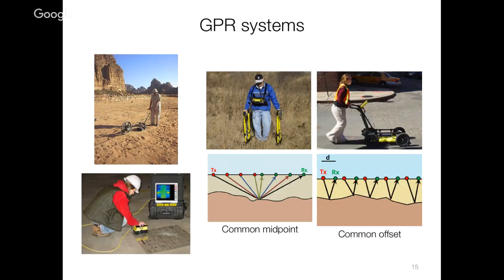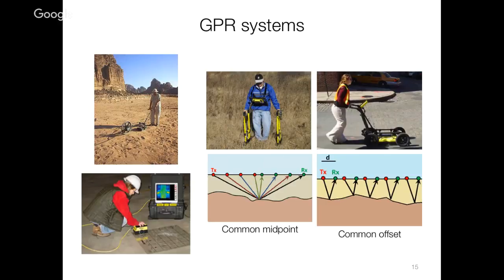The GPR system comes in a whole variety of configurations and sizes. The size of the unit is inversely proportional to the frequency of the system. So if you have a 50 megahertz antenna, it might be fairly big, might be a couple of meters. If you have a gigahertz antenna, you might put the whole thing in a box.